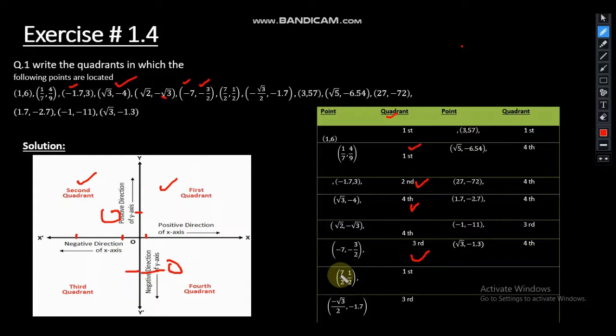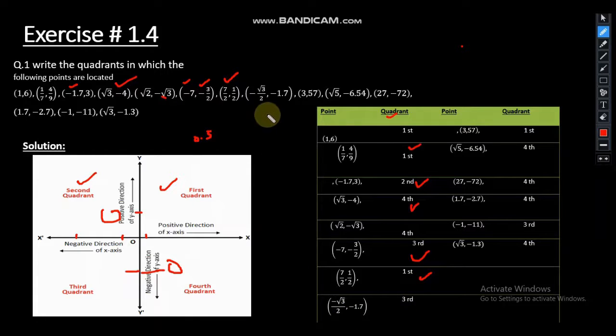Now 7/2 and 1/2. 7/2 is positive, which is on the x-axis, and 1/2 is also on the x-axis. 1/2 means 0.5, and 7/2 is also a positive value, so these both points lie in this location, so we write the first quadrant.